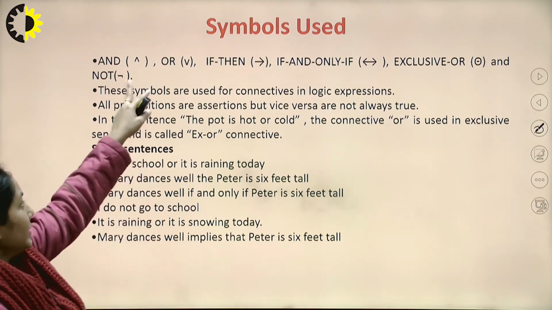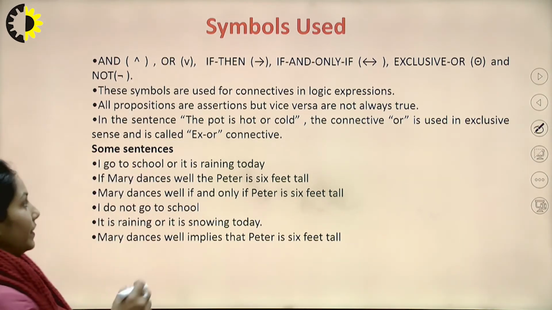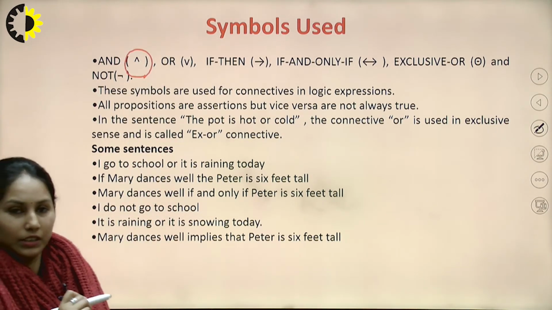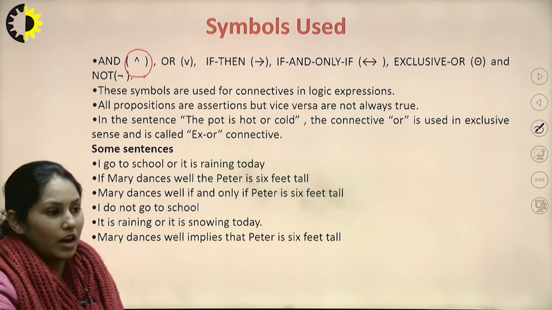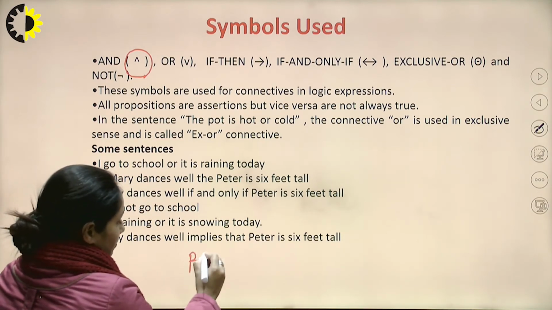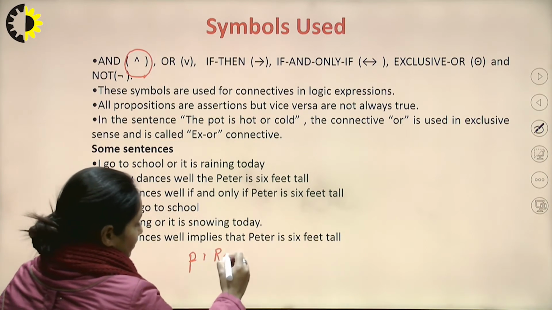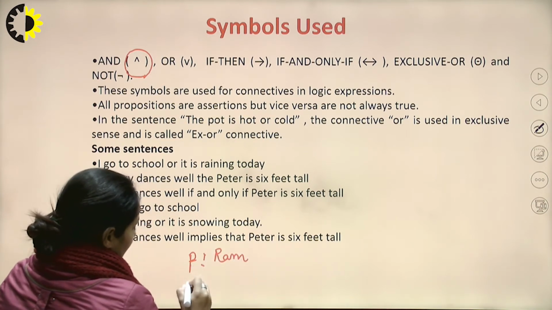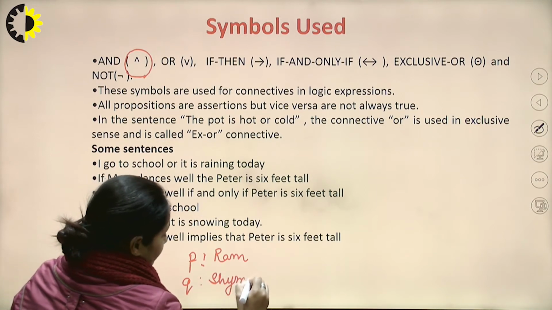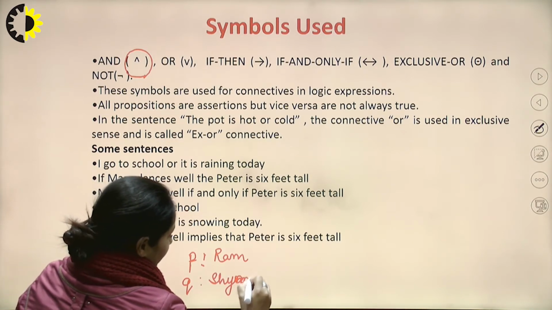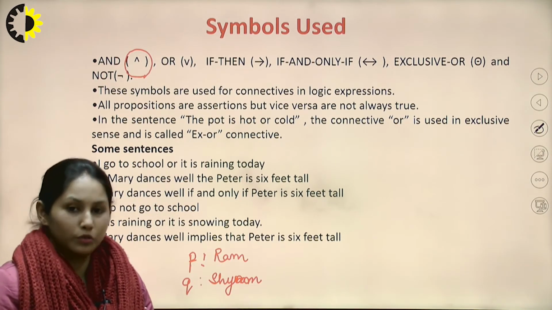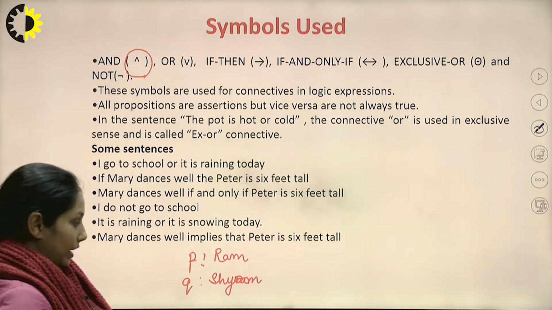Here the and connective is denoted by this particular symbol. If I am saying Ram and Shyam, suppose P is representing Ram and Q is representing Shyam. If I am saying Ram and Shyam are going to school, how am I able to write this?